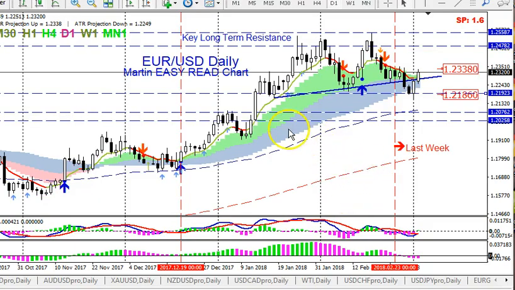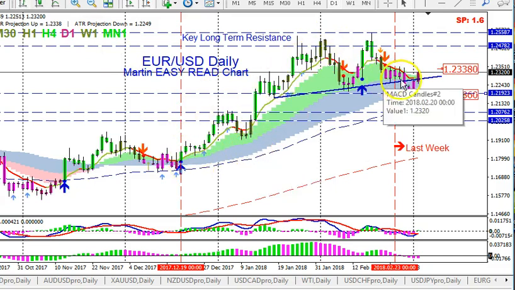Okay, here we are. We always start with the EURUSD daily. You can see that here, and let me just switch the candles back to the easy read chart candles. You can see I switched them from black and white to the color candles, and this new chart is very easy to understand.